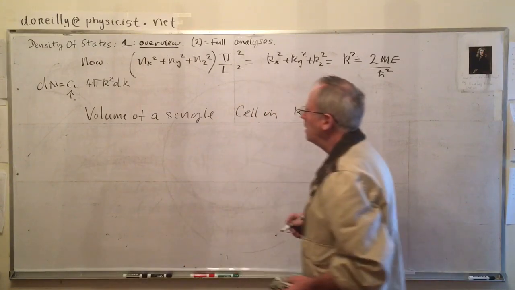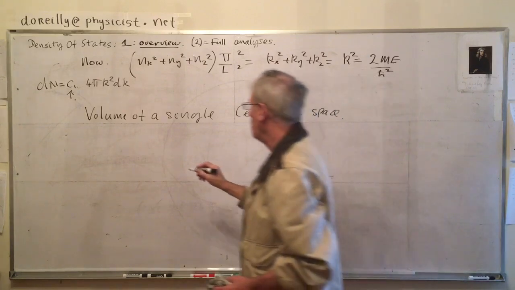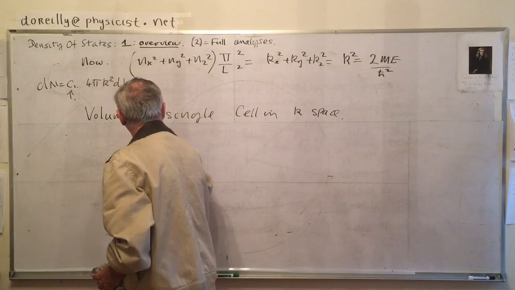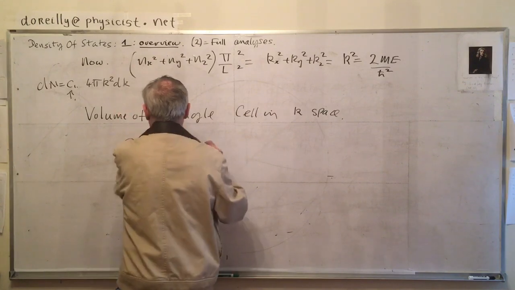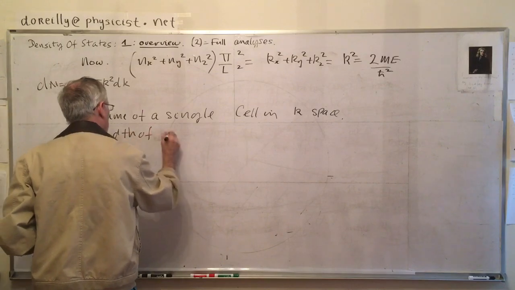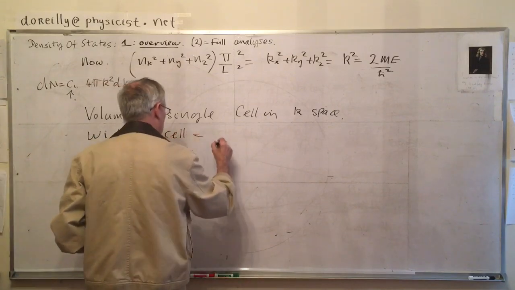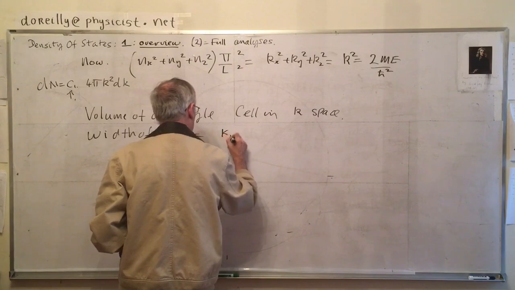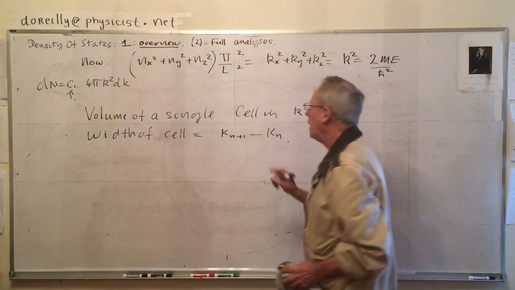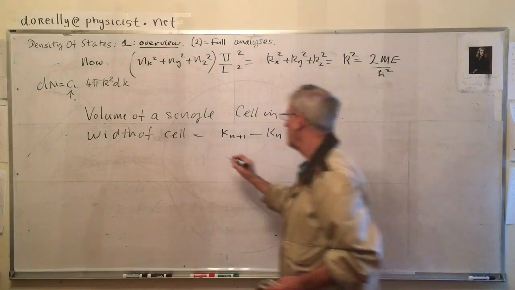Now we consider the volume of a single cell in k space. It's the difference between any two neighboring cells.